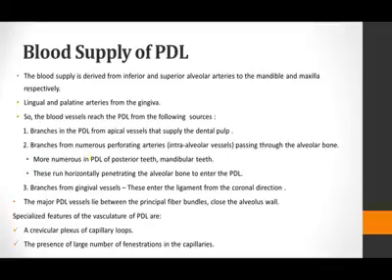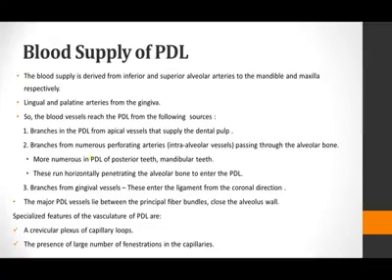Other than that, we have branches from numerous perforating arteries. If you remember, these perforating arteries are basically the vessels that are present within the alveolar bone, so they are called the intra-alveolar vessels. These intra-alveolar vessels, or the perforating arteries, perforate the alveolar bone through the cribriform plate and enter into the periodontal ligament.